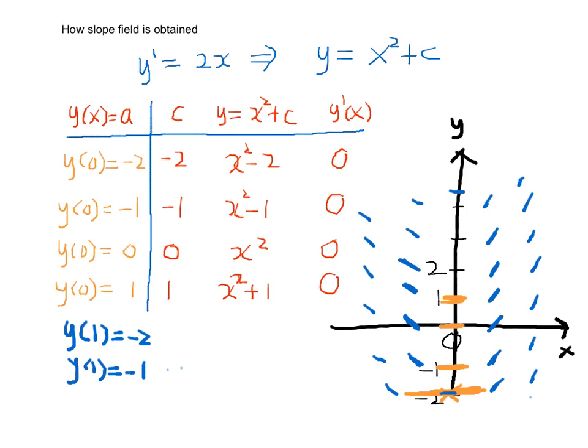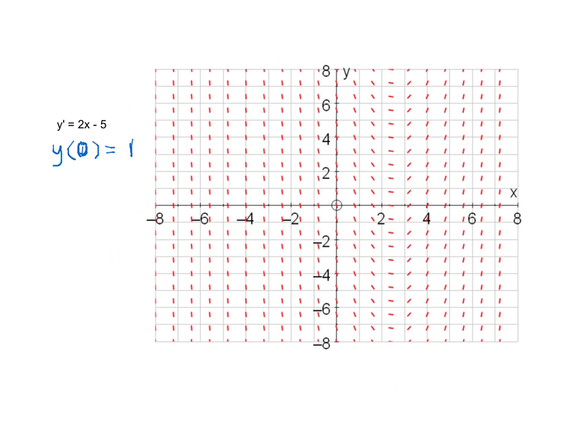In the next example, we'll look at how we can sketch a solution curve when the slope field is actually given to you. So here the differential equation is given, and the initial condition is when x is 0, y is 1. The first step is to take a look at the whole idea of the curve.